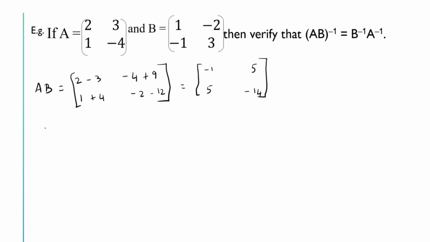Now we will find the determinant of AB. We will be able to find AB the whole inverse only when this determinant is not equal to 0. So determinant of AB is 14 minus 25. So it is equal to minus 11 not equal to 0, which means AB the whole inverse exists.